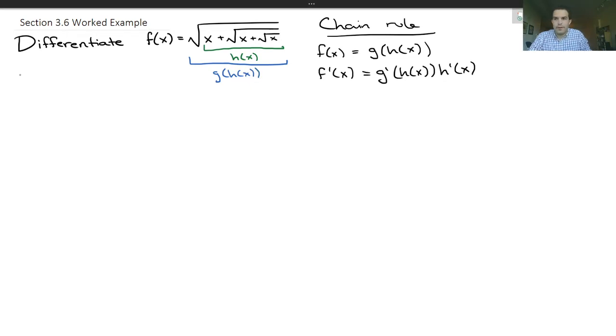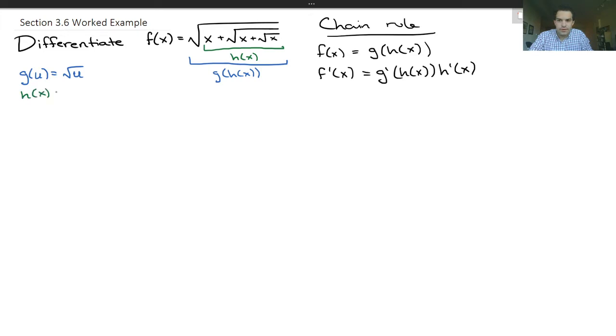So maybe I'll make a little table over here so we can keep track of everything that's going on. g of x is just the function square root of x. Sometimes, to avoid confusion, because it doesn't matter what letter we write here, it's the same function, we'll say g of u equals square root of u, and sometimes that indicates that u is itself going to be a function, like h of x.